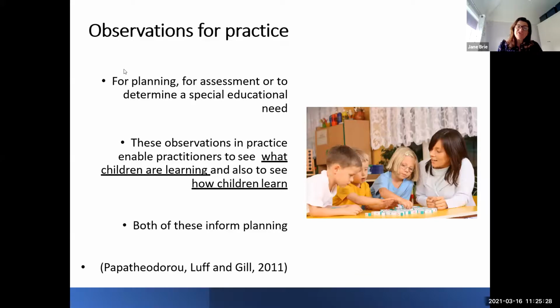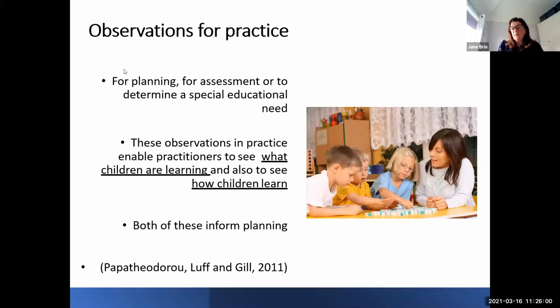So these observations in practice, to see what the children are learning, so what they're learning and how they learn. And again, how does that link to the theory you've already considered? Lev Vygotsky, Jean Piaget, thinking about these stages of development, thinking about how children learn, thinking about the context as well, the social context, where it is these observations are taking place, are all really important.